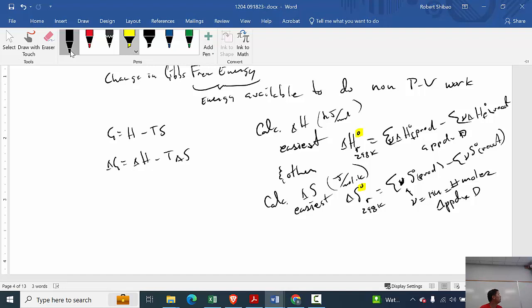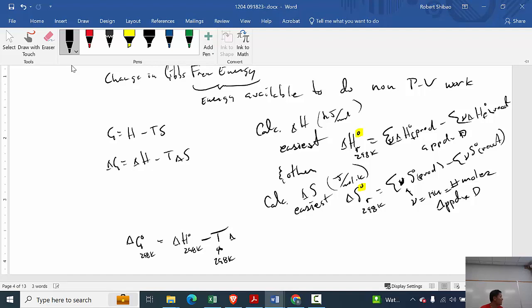And so if we were to calculate our delta G, probably the easiest way of calculating delta G is to calculate delta G under standard conditions at 298 Kelvin. If we do that, then we can use our delta H under standard conditions at 298 Kelvin. And then our T is going to be easy because T can only be 298 Kelvin.